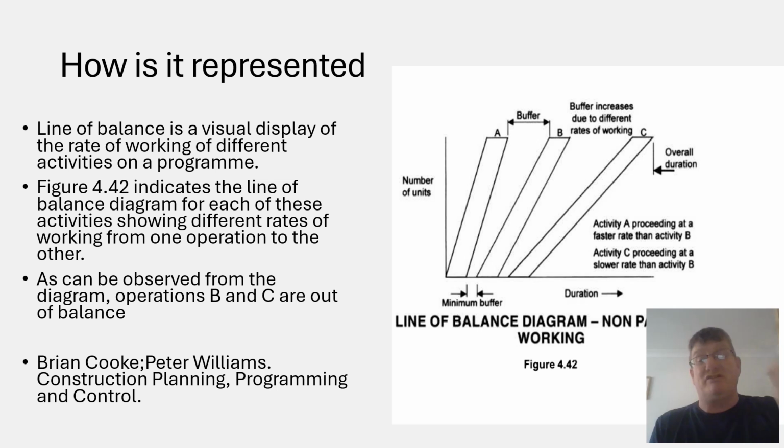So the buffer zones at the top are not so far apart. The buffer zone between A and B is much narrower than between B and C. What we really want is the buffer zones to be equidistant, and by doing that through a number of mathematical and graphical exercises, we can put it back into balance.